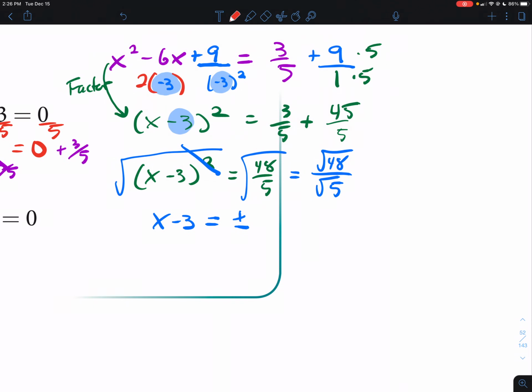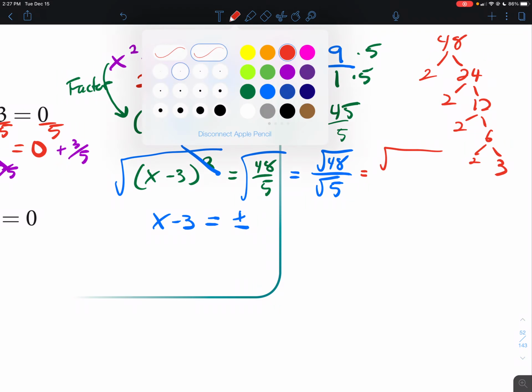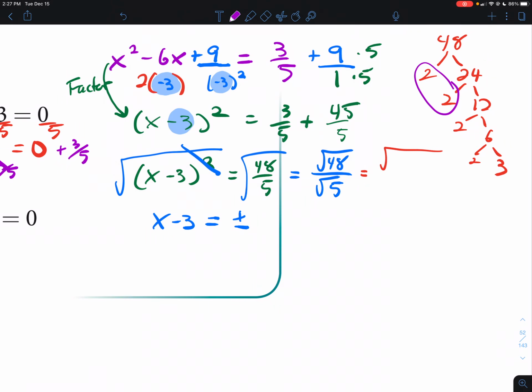I'm going to break down the 48 first here. So 48 is 2 times 24, 2 times 12, 2 times 6, 2 times 3. So I have one group of 2's, two groups of 2's.